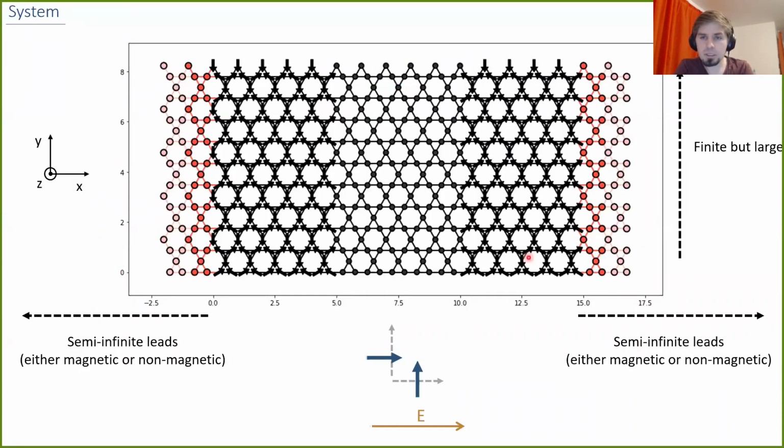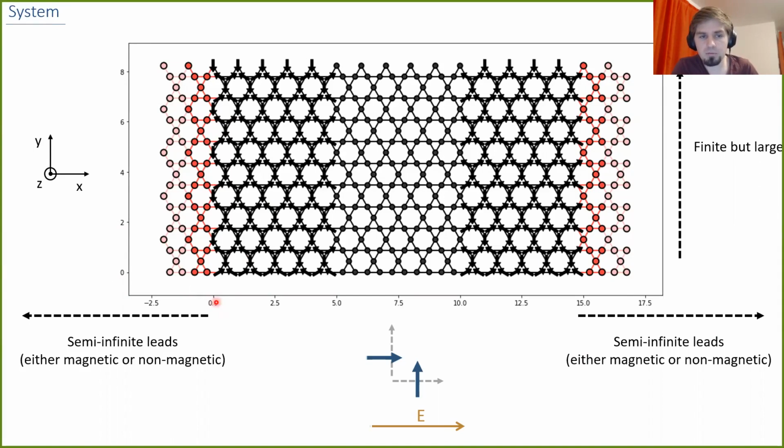The system we use is set up like this. We have two magnetic layers with this triangular magnetic order. The system is finite along the y direction, but very wide because that's more realistic. We make it finite mainly for technical reasons and because we want to have the interfacial disorder. Then we attach semi-infinite leads.